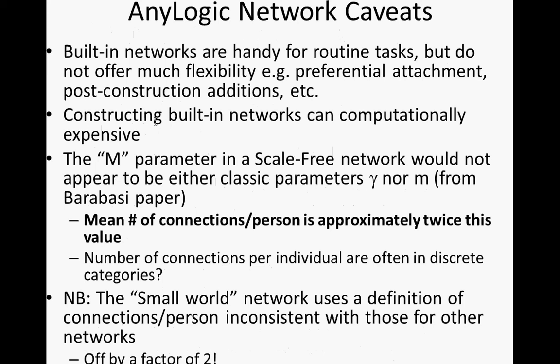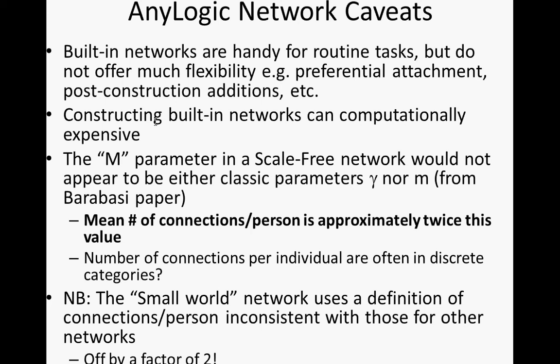Constructing the built-in networks, particularly the scale-free network, can in some cases be computationally expensive. I comment on the M parameter: the mean number of connections per person is approximately twice that value. And then there's this sort of inconsistency with the small world network. But these are just some warnings about AnyLogic's implementation.